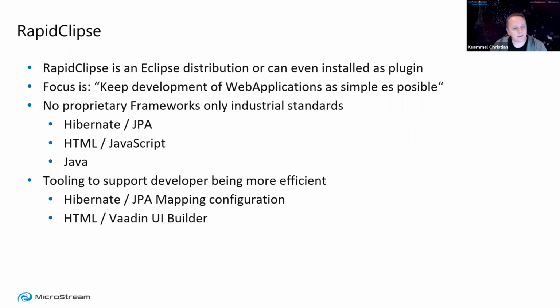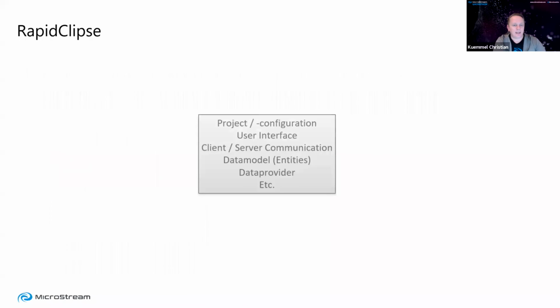The second area is our Vaadin UI builder, and I'm really proud of it, because I guess this is the best working UI builder on the market at the moment for Vaadin. And with our RapidClipse framework, we provide a really good framework for session handling or object lifecycle handling and so on. But for that, more information later.